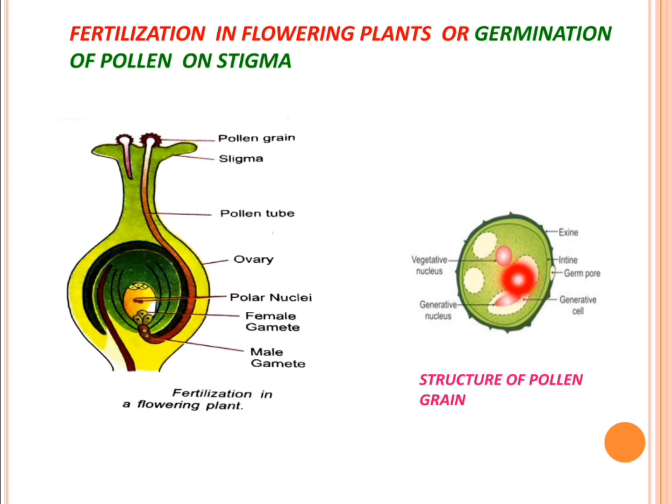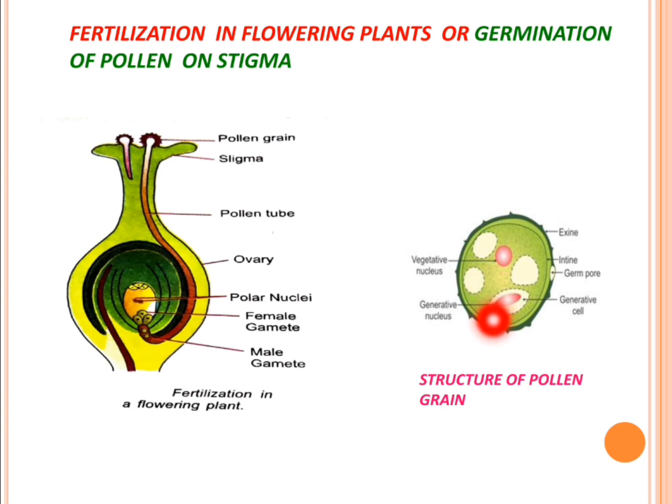When pollen grain lands on stigma, it starts dividing. Its nucleus divides to form two nuclei, the vegetative nucleus and the generative nucleus. The vegetative nucleus grows to form the pollen tube.